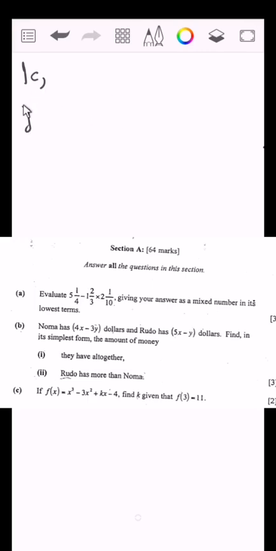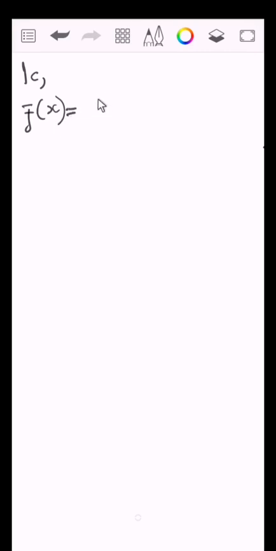Saka tapiwa the function of x, taudzwa kuti iri equal to x cubed, x to the power 3, minus 3x to the power 2, plus kx minus 4. Those are taudzwa izvo. So you can find k given that the function of 3 is equal to 11.